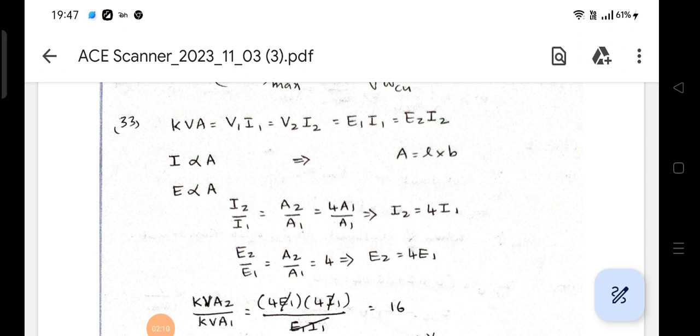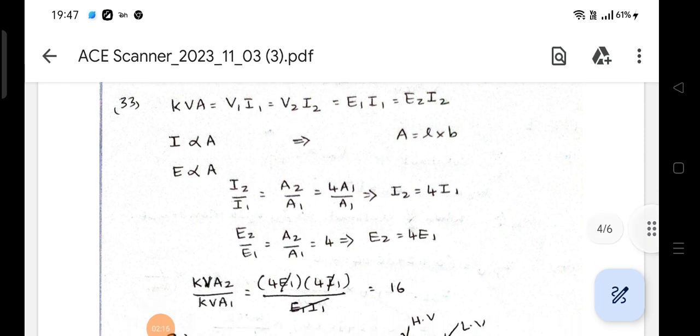If the physical dimensions are doubled, length is doubled and breadth is doubled, so the area is 2L into 2B, which gives 4 times L into B, that is 4 A1. So I2 by I1 is 4A1 by A1, A1 and A1 cancel, and I2 is equal to 4 I1.